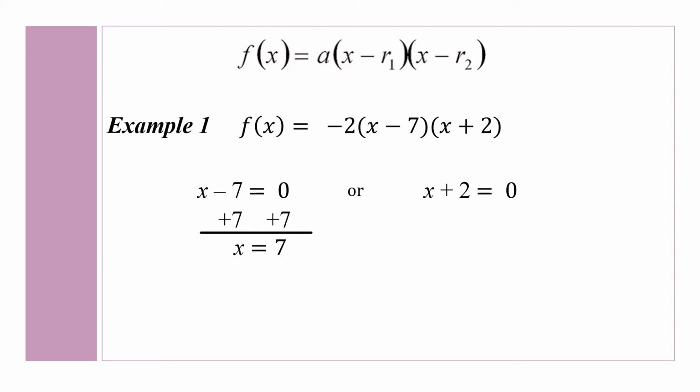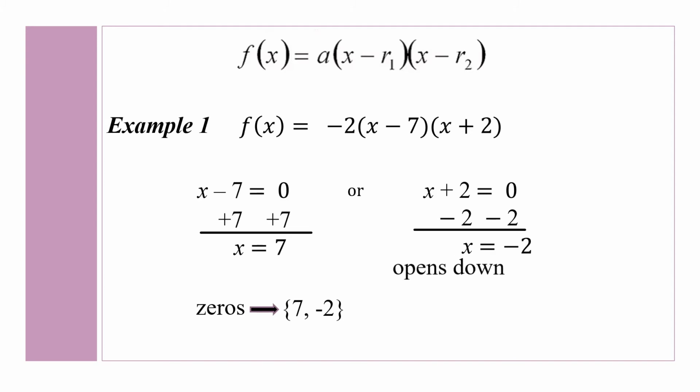X equals 7. And the second equation, subtract 2 from both sides. X is equal to negative 2. So my zeros, or x-intercepts, are going to be 7, negative 2. And it opens down because a is negative 2.